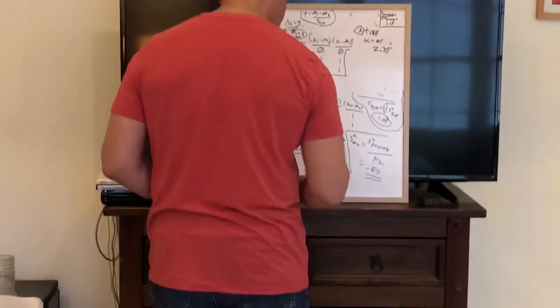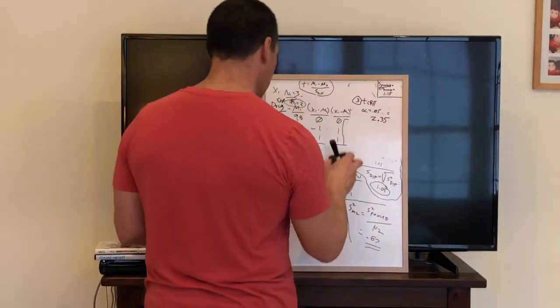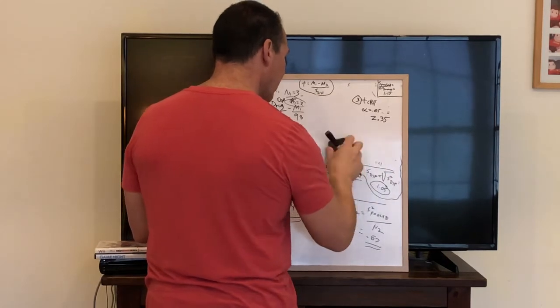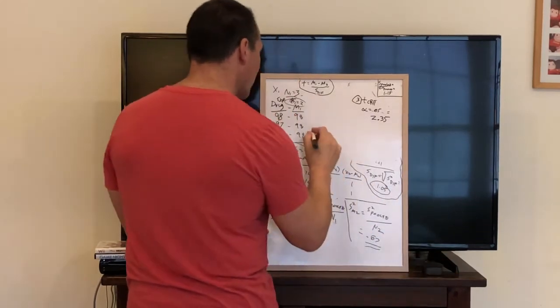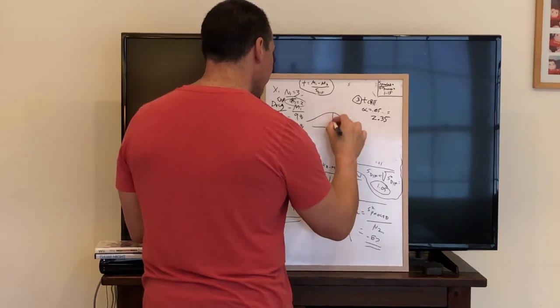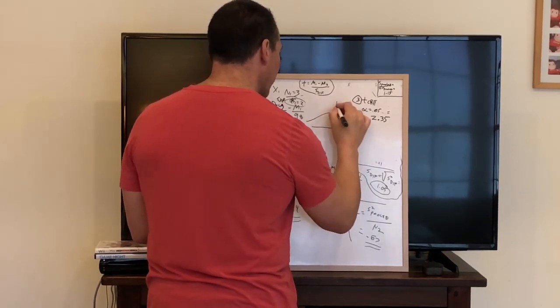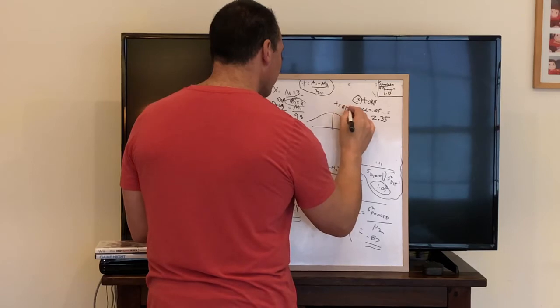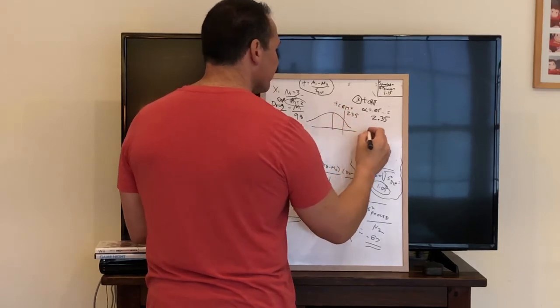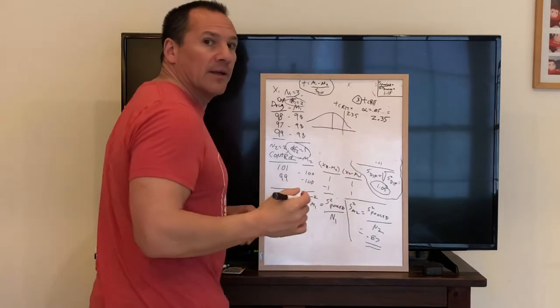I'm going to draw, hopefully I can erase this stuff. Okay, I'm going to draw my comparison distribution, t distribution, and t critical equals 2.35. Okay.